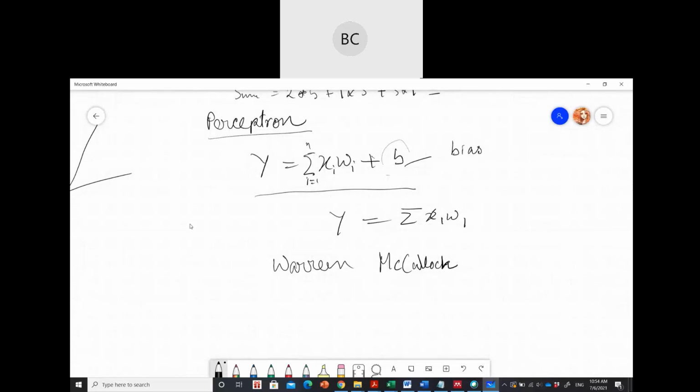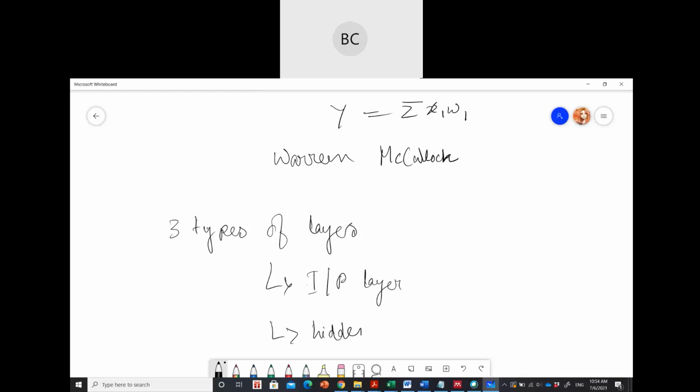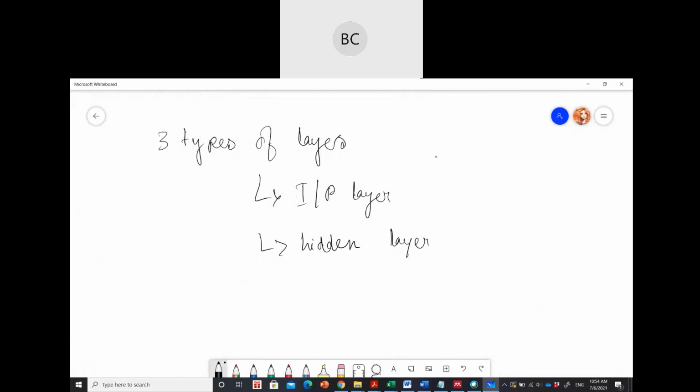In the case of MLP or ANN, we have three types of layers. What are the three types of layers? One is your input layer, then your hidden layer, and one is the output layer.